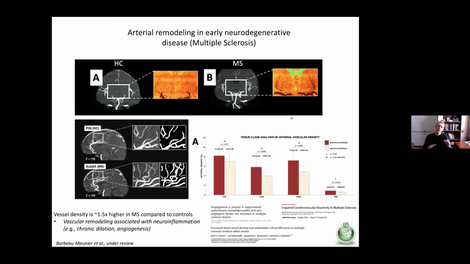And so when we control for things like gray matter atrophy and head size, all these things that could explain this, we nevertheless saw that the vascular density was always higher in multiple sclerosis compared to healthy controls. And that was pretty much the same no matter where you looked in gray matter, but in white matter, the effect was still significant, but to a lesser extent.